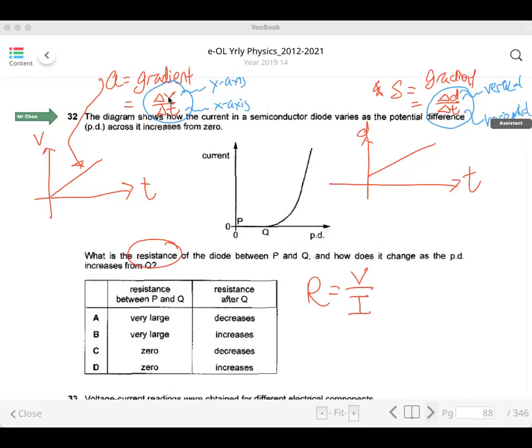I want you to remember, in your SPA, if they tell you to please draw or plot a graph of current against PD, the first word is always the y-axis. If I were to ask you to plot a graph of velocity against time, or in this case, a graph of distance against time.